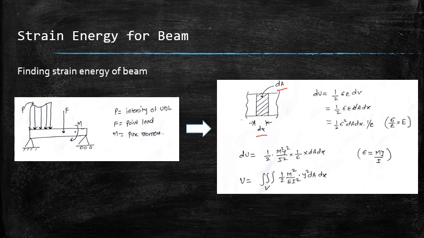Now the volume of this very small beam element is given by dV. So from standard formula to find out strain energy, the strain energy absorbed by this small element is given by half stress into strain into volume, where volume is dV, which is given by dA into dx.